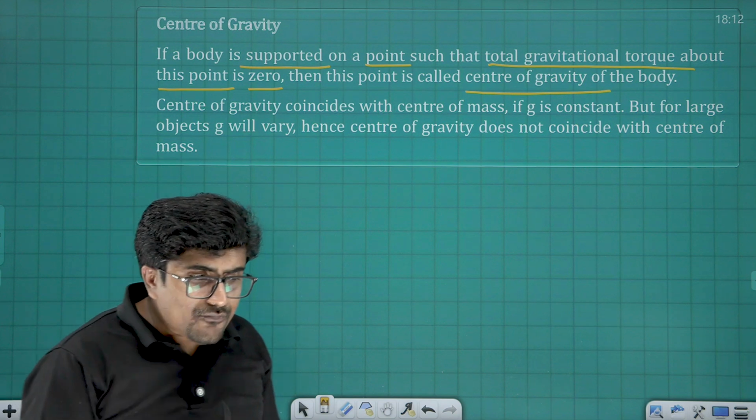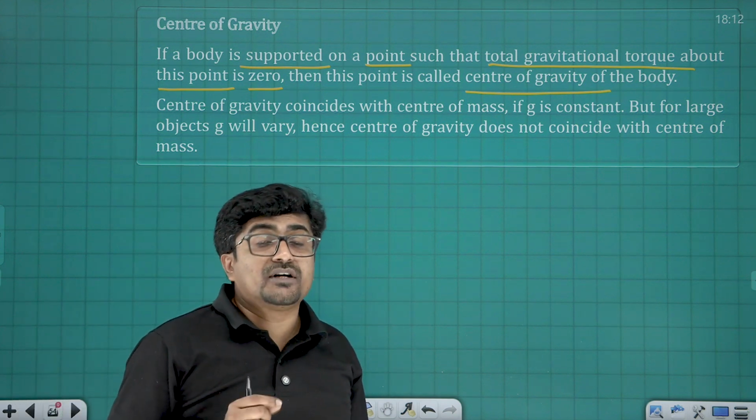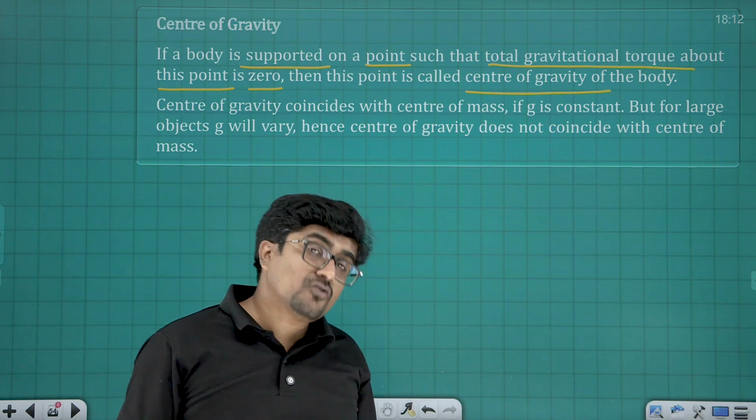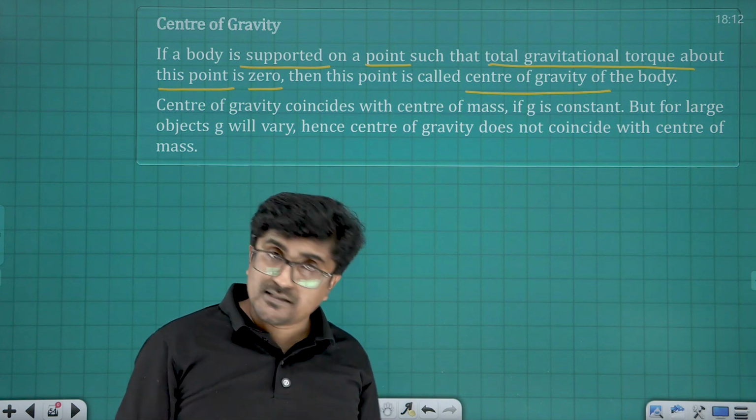And if the acceleration due to gravity acting on all points is the same, then center of mass and center of gravity are going to be the same.